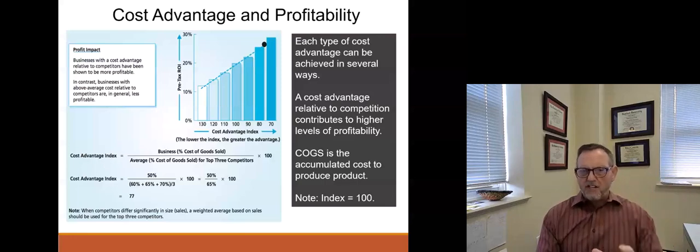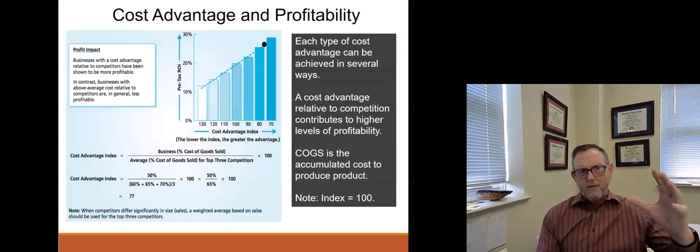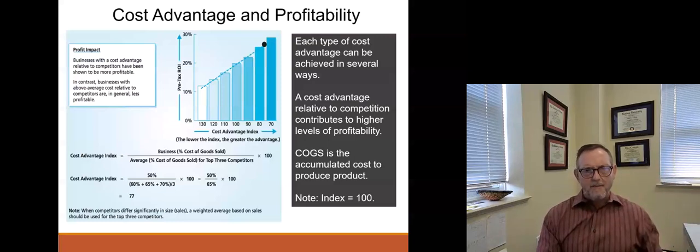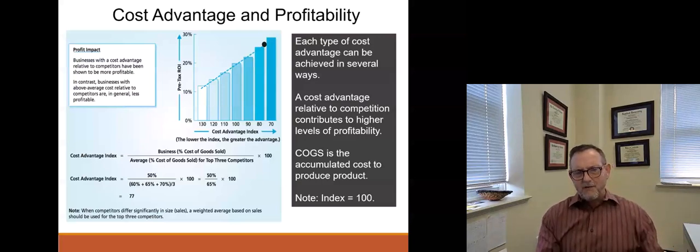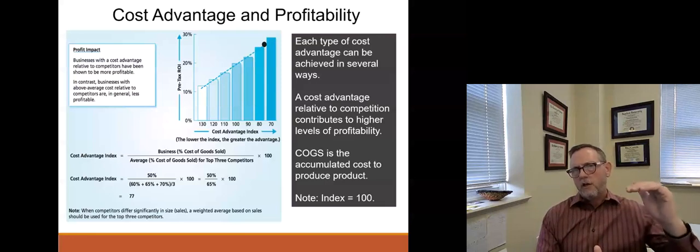And the chart kind of indicates this a little bit. They have this reversed a little bit, because the scale goes from 130 to 70, if you see that. So when we're going left to right, we're not going up on cost advantage, we're going down, and this company is at 77. You see the dot that's there, and so the way you look at this is, the lower your cost index, the lower your relative cost of goods sold is, the better your return on investment.